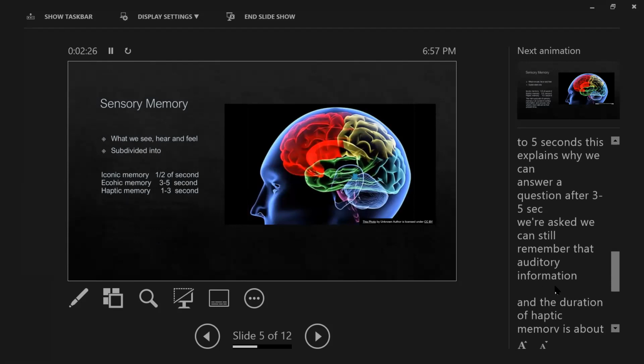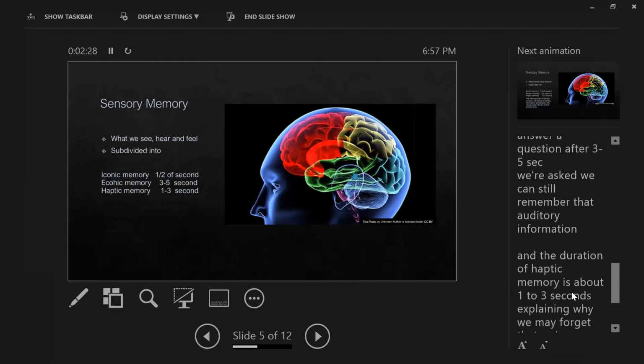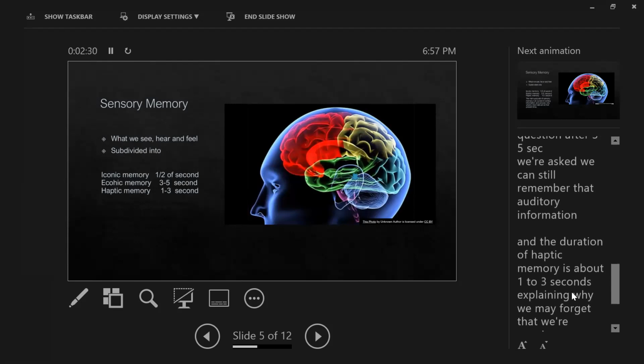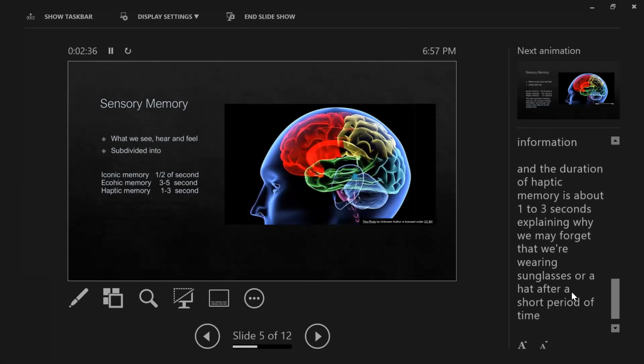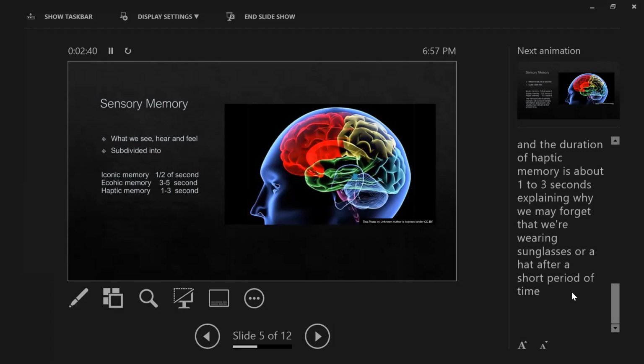Then haptic memory is basically using our sense of touch and feel. It lasts around 1 to 3 seconds. An example of haptic memory is when we are wearing sunglasses or a hat, and after a short period of time, we totally forget that we're wearing a hat or glasses. It becomes really normal for us.